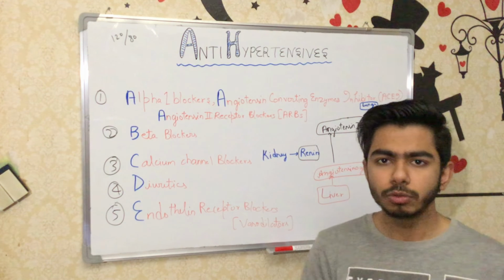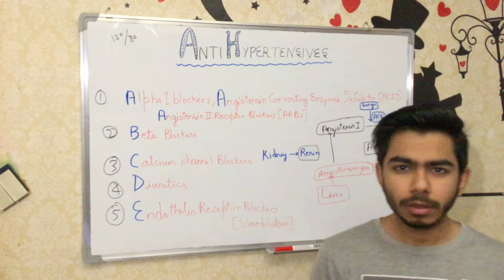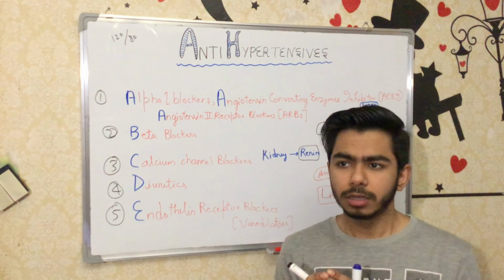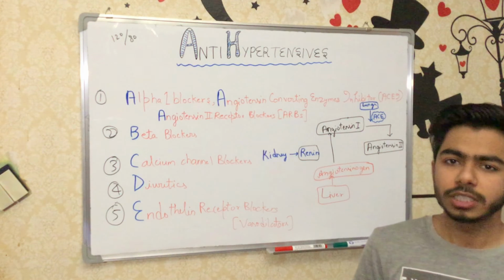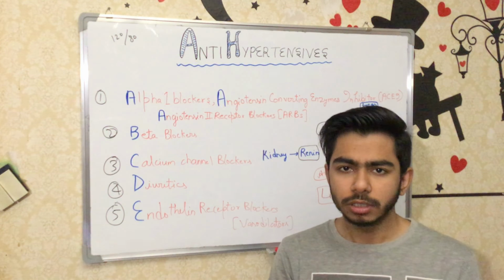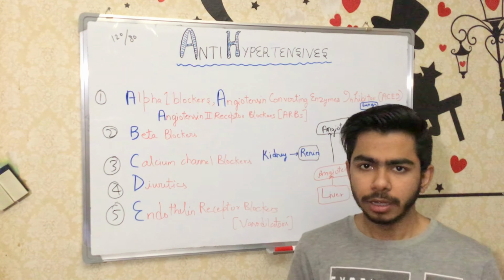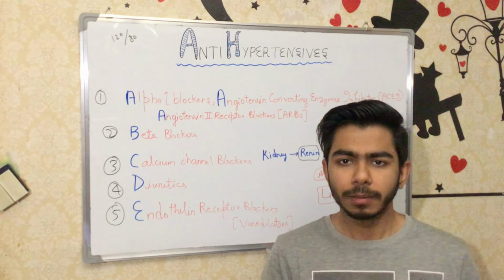Further, what will aldosterone do? Aldosterone will suck up the sodium and water. Okay, which means aldosterone will not allow sodium and water to pass into the urine, due to which there will be increased blood pressure.